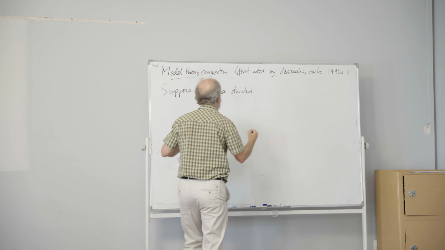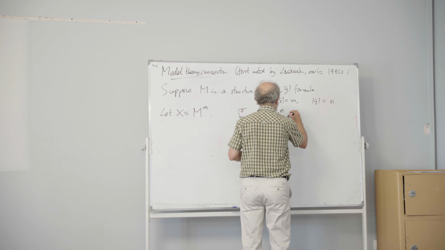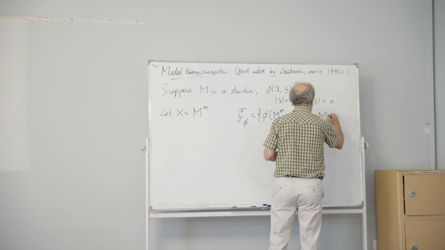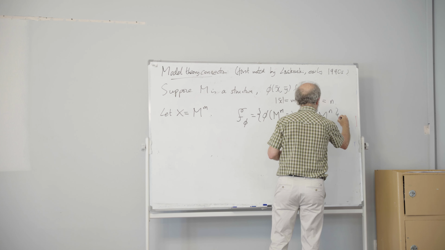So it's going to be the set of all sets of the form phi(M^m, a bar), where a bar is in M^n. So this is a set system. So X, F phi is a set system.